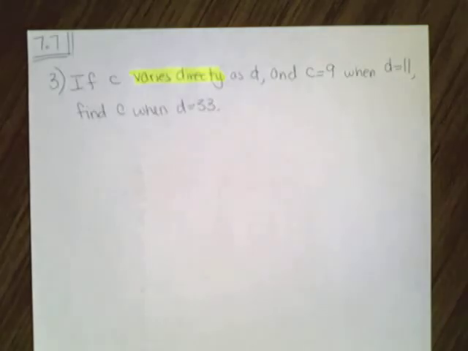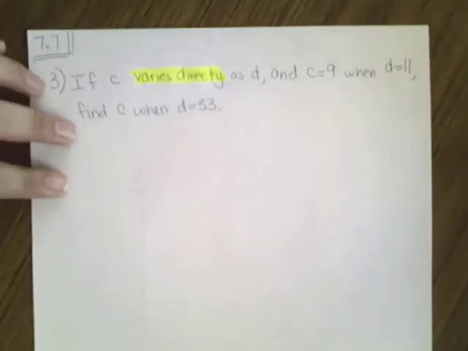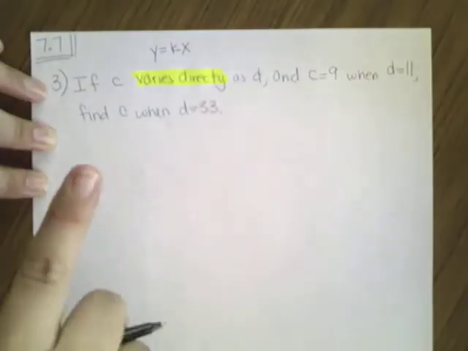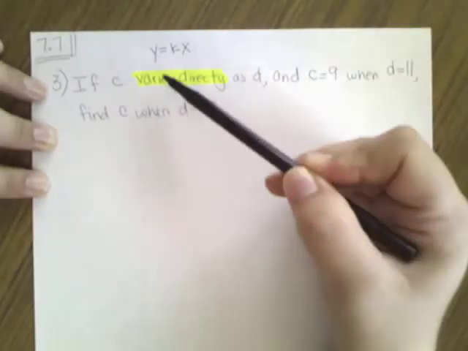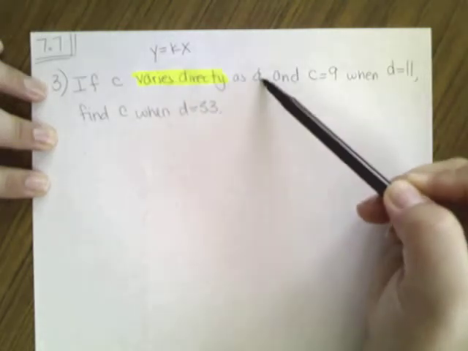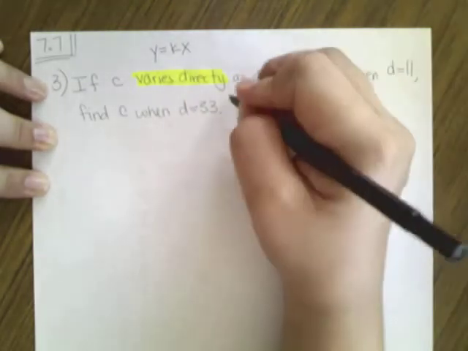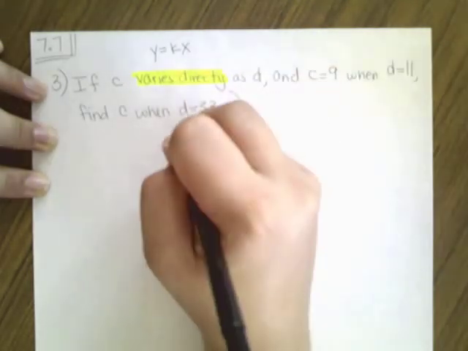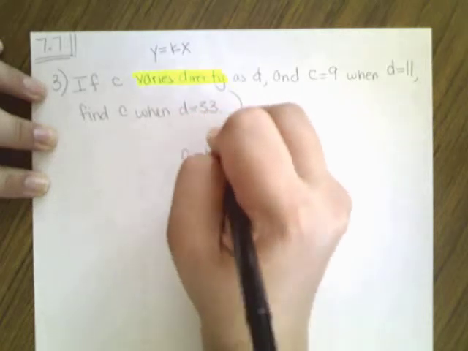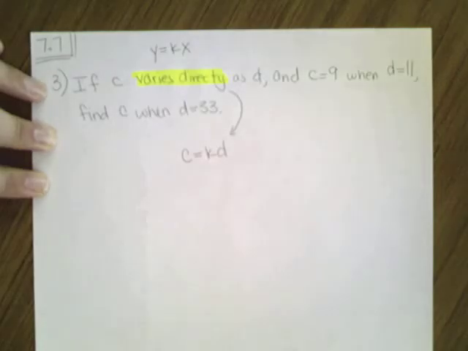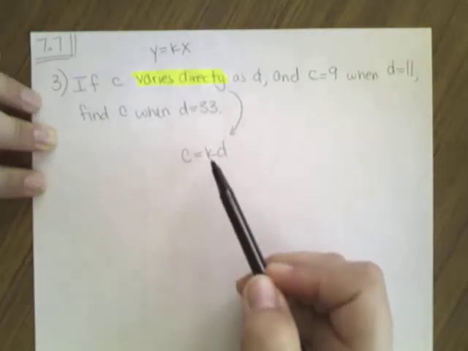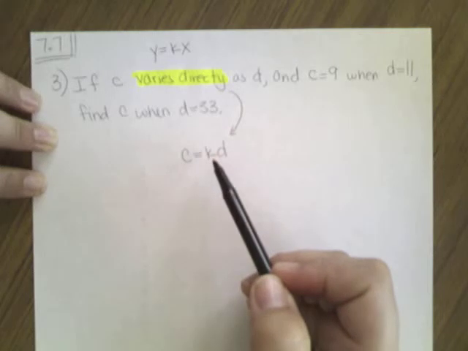Once we see that something varies directly, we know that it's going to be in the form of y equals kx. Or here we have c varies directly as d, so we can actually write this as c equals kd, where k is what's called a constant of proportionality.